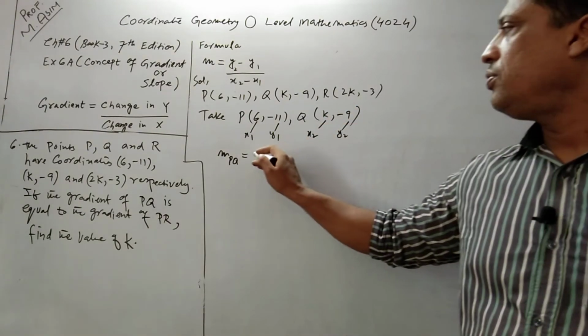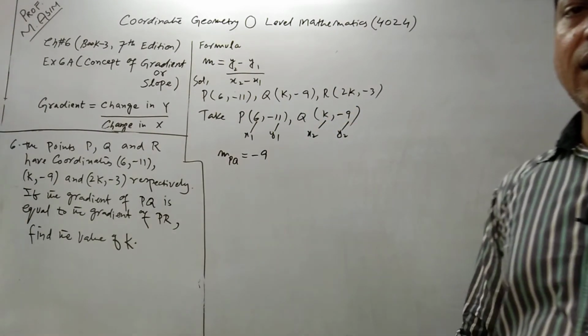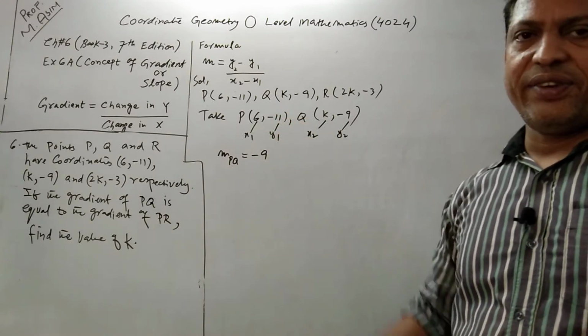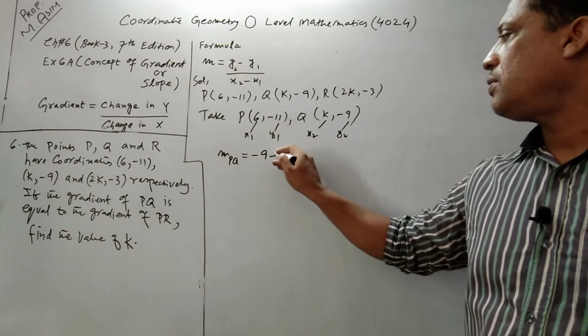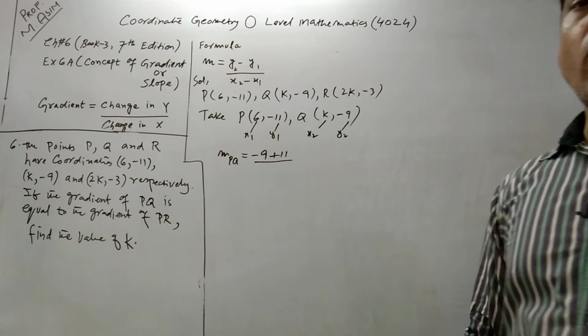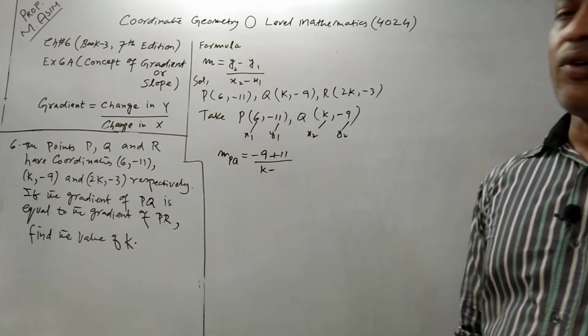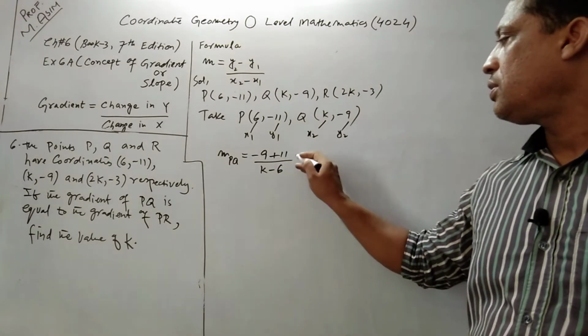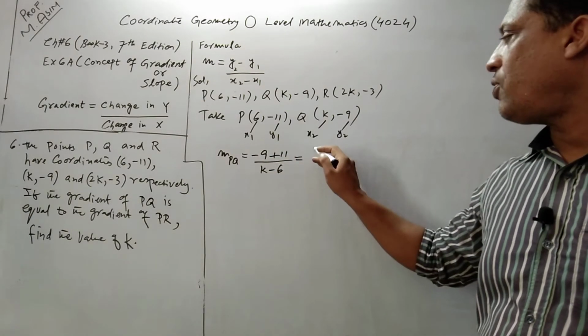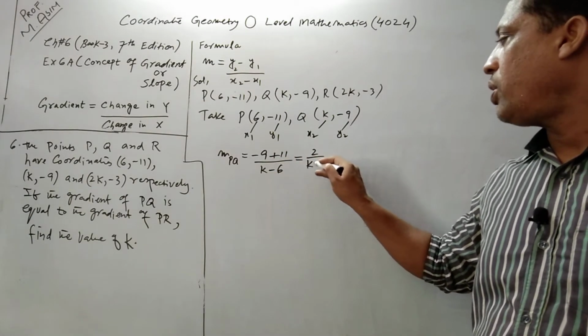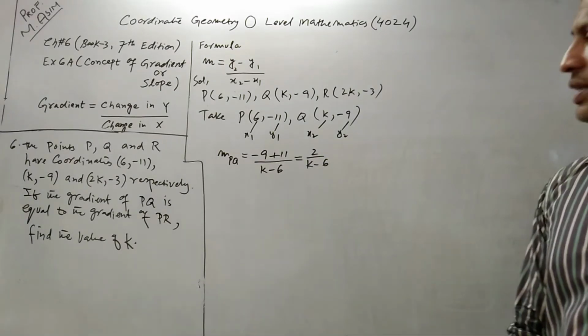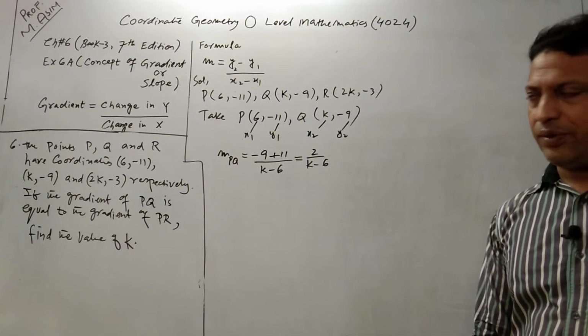What is Y2? Minus 9 minus Y1, minus minus 11, upon X2 minus X1. What is X2? K. And what is X1? 6. 11 minus 9 is 2. 2 upon K minus 6. This is the gradient of PQ.